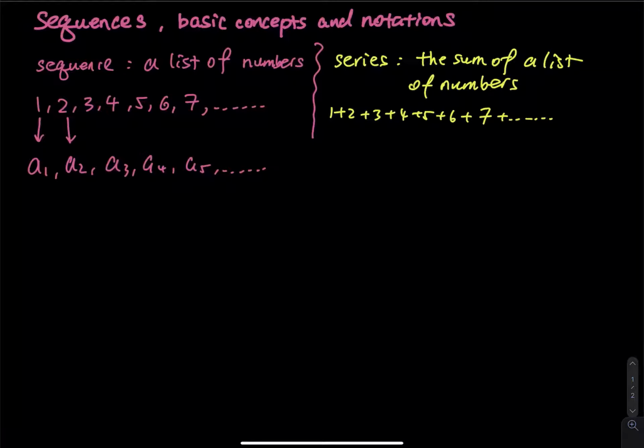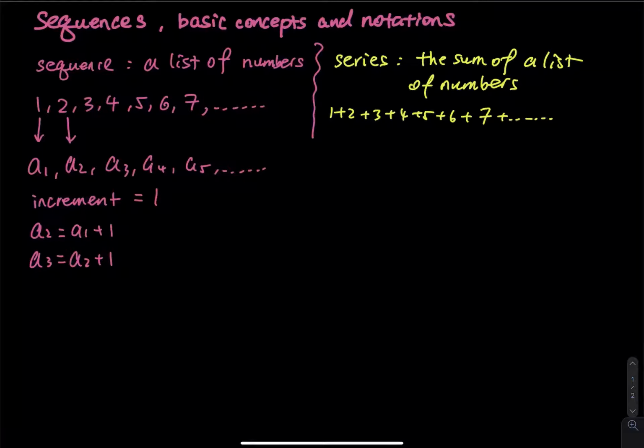So what is the pattern? Well, from 1 to 2, from 2 to 3, the increment is 1, right? So the increment of this sequence is equal to 1. That means A2 is equal to A1 plus 1, and then A3 is equal to A2 plus 1. So every time you want to get a term, you take the previous number and add 1 to it, so you get the next number.